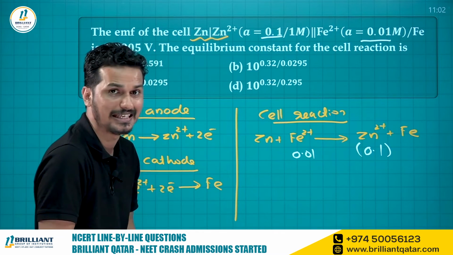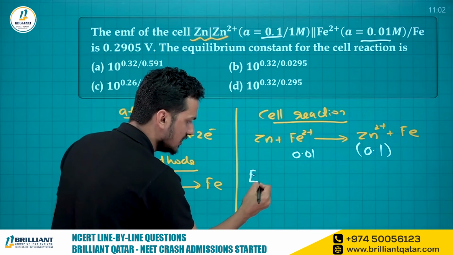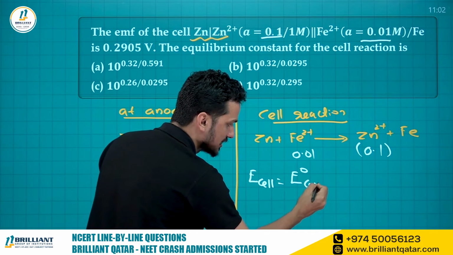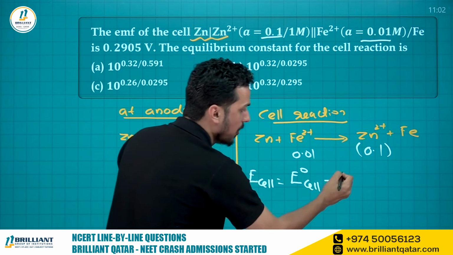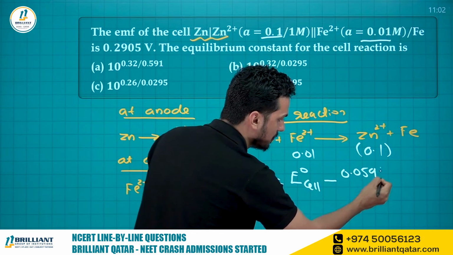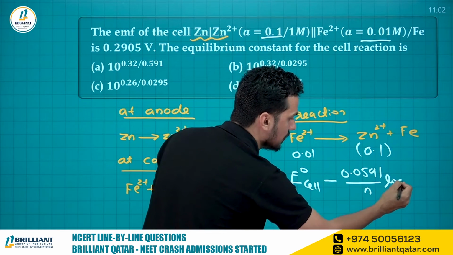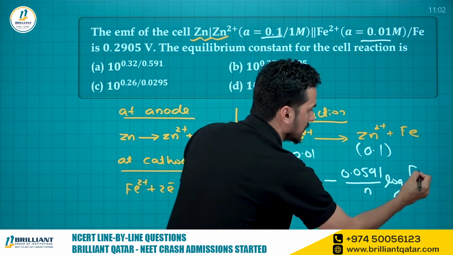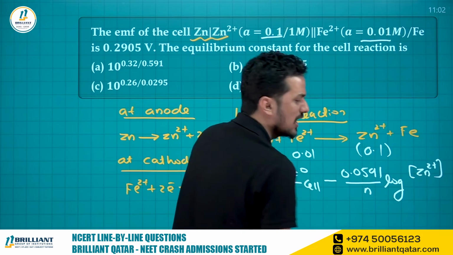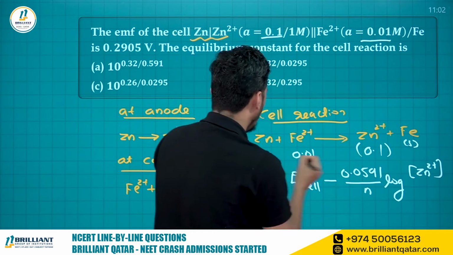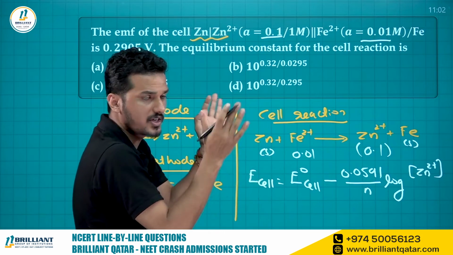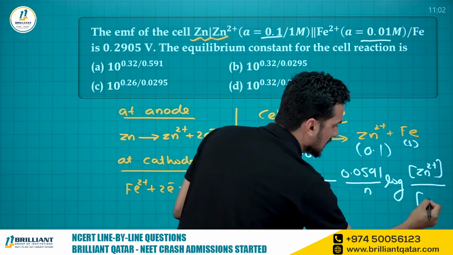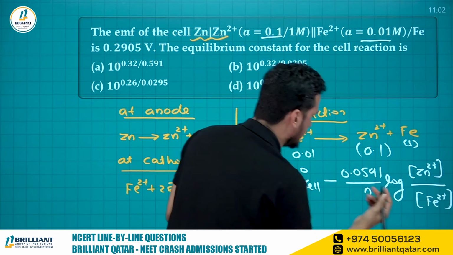E cell equals E0 cell minus 0.0591 by n into the logarithm of the product. What is the product here? The concentration of Zn2+. Why am I not taking iron? Because it is a solid, and the concentration of a solid is 1. Divided by the concentration of Fe2+. If you got this idea, then the remaining is easy.